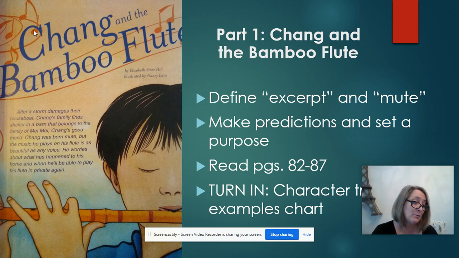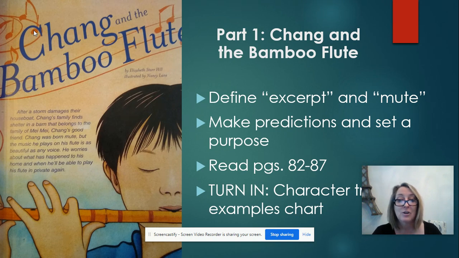Chang was born mute, but the music he plays on his flute is as beautiful as any voice. He worries about what has happened to his home and when he'll be able to play his flute in private again.